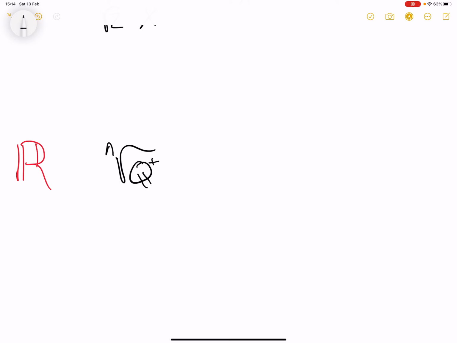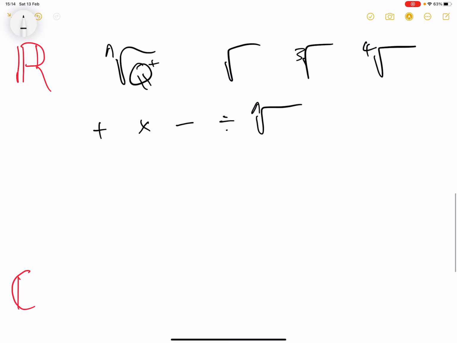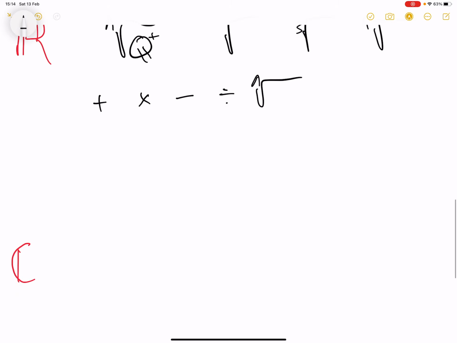By nth root, I mean square root, cube root, quart root, etc. So we can now add, multiply, subtract, divide, and nth root, the 5 basic operations which I will talk more about later. Not in this video, but in a later video.